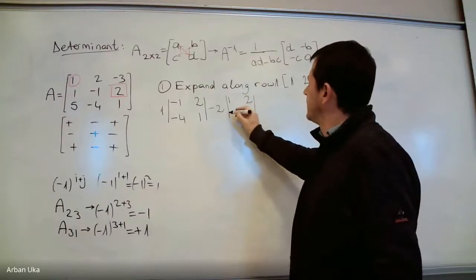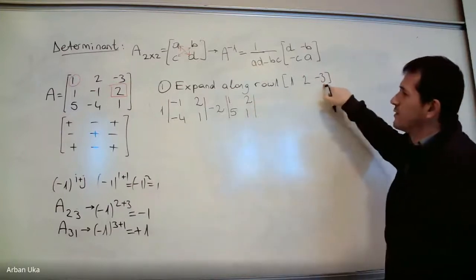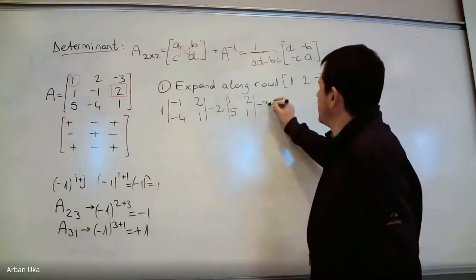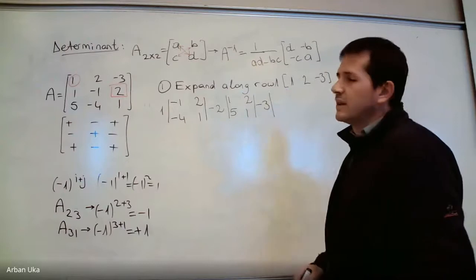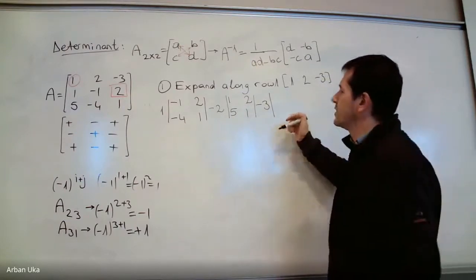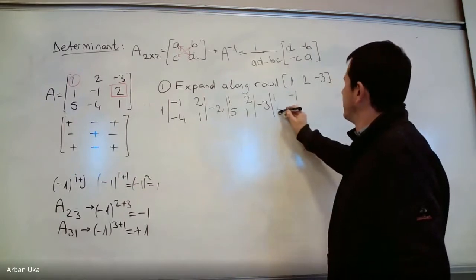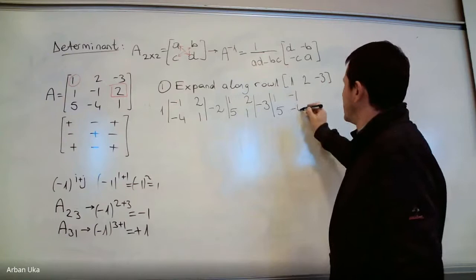Then we go to the next element of the first row, -3 times. Let's remove the row of -3 and the column of -3. What remains? 1, -1, 5, -4. Thanks.